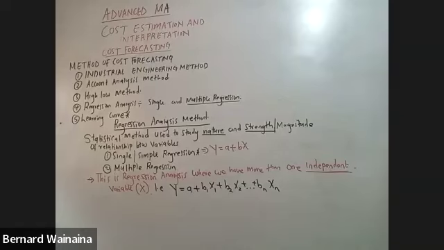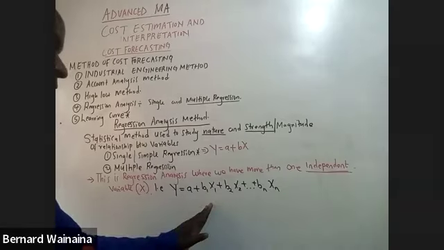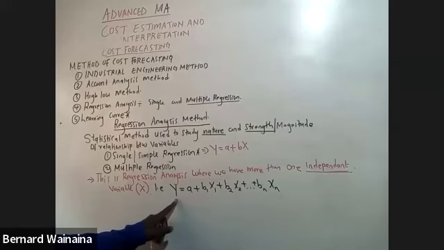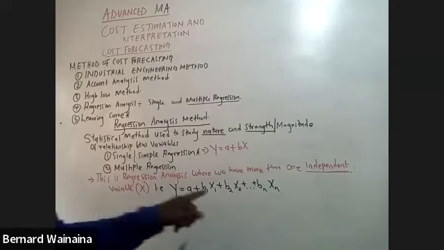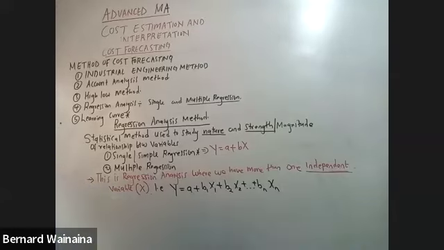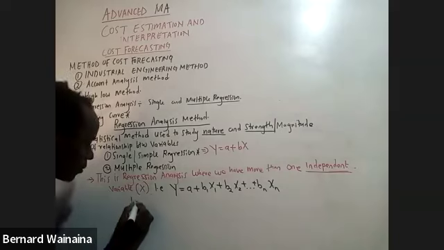Now, how do we explain this equation? When one factor changes, how will it affect y? Remember, you need to make the other variables constant. So I will just give you one.